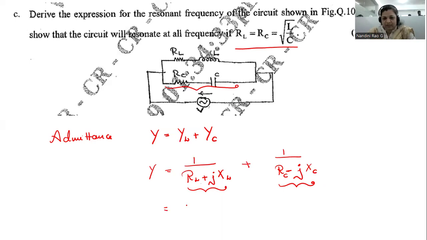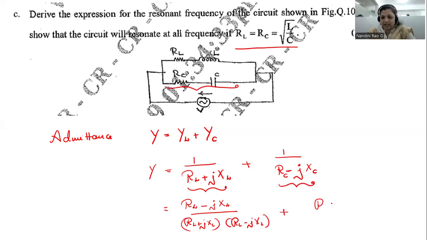Here I get RL minus jXL over RL plus jXL multiplied by RL minus jXL. Similarly, here multiply and divide by RC plus jXC, giving RC minus jXC multiplied by RC plus jXC.